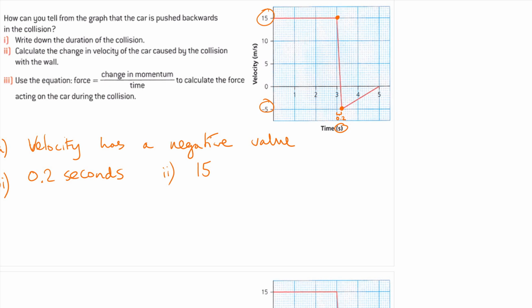So the total change is those two values added together, which is 20 meters per second. We started here and it ended up going all the way down to this point here. So there's your change in there, okay? 20 meters a second.